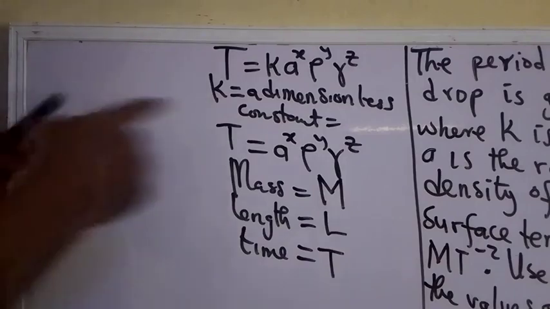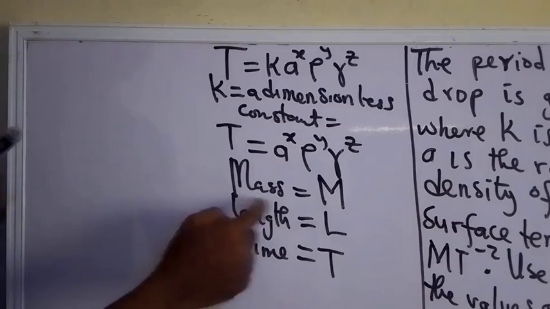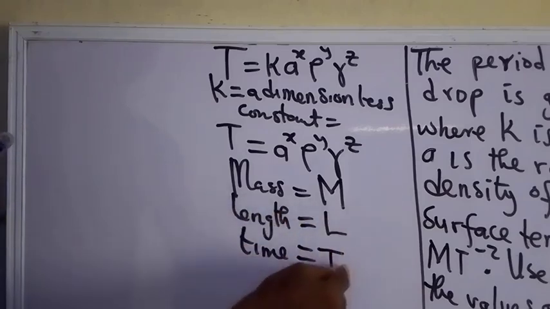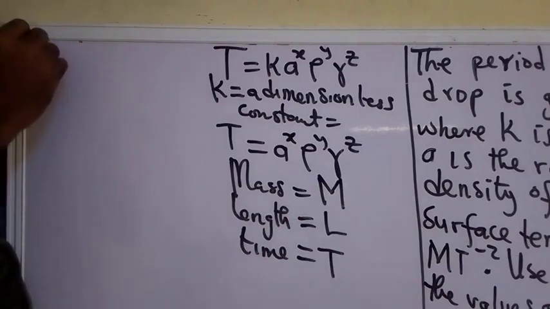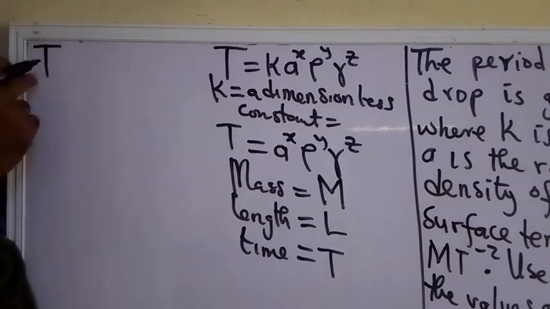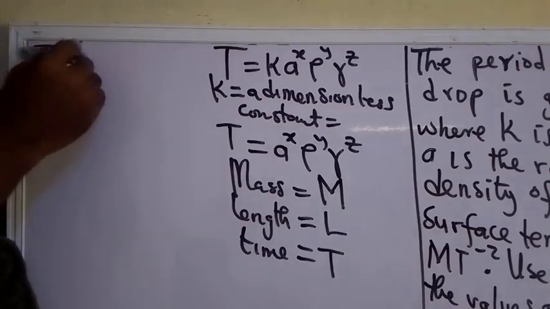So whatever we see mass, we replace with this. Any form of length, we replace with this. Any time we put this. So we are told that time, which is period, is T already, so there's nothing to change.